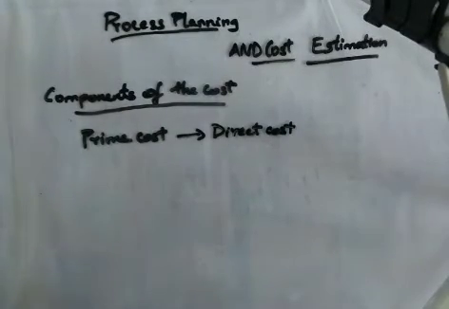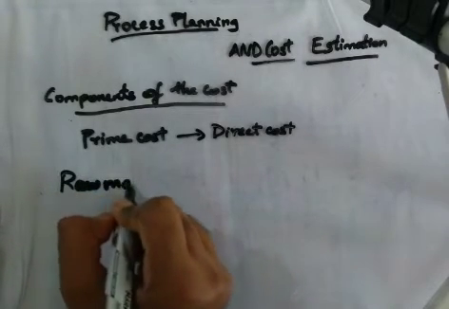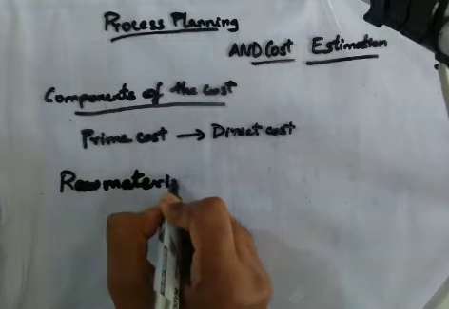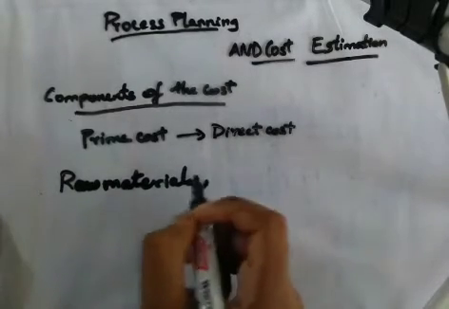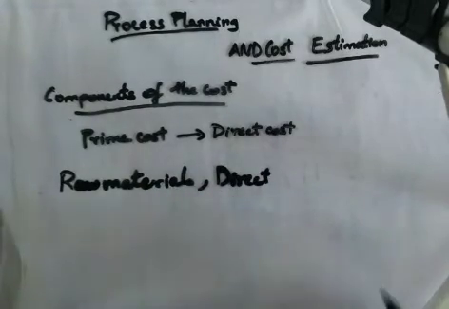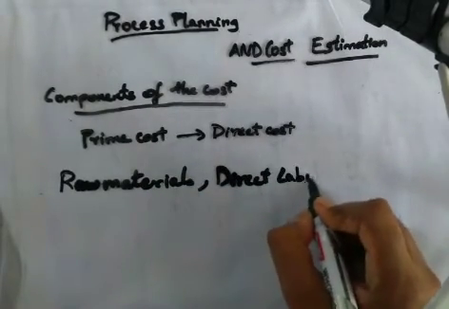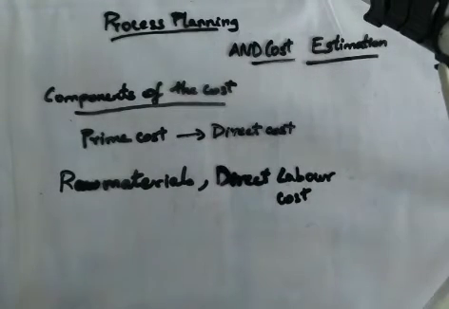It includes all the raw materials bought, direct labor cost, how many laborers we need, and other direct expenses such as transportation expenses.